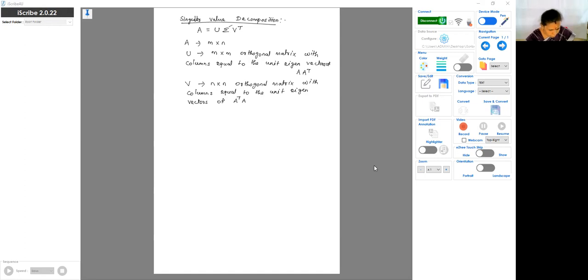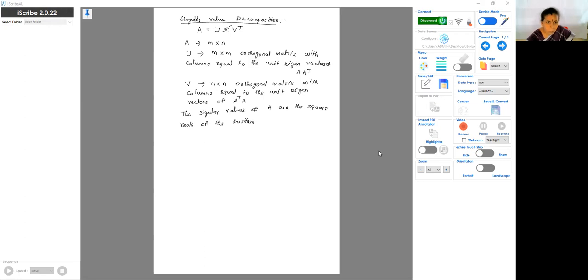So to obtain the sigma matrix, we should know the singular values. The singular values of A are the square roots of the positive eigenvalues. Note the point, we may have negative and zero eigenvalues, but we don't want those.